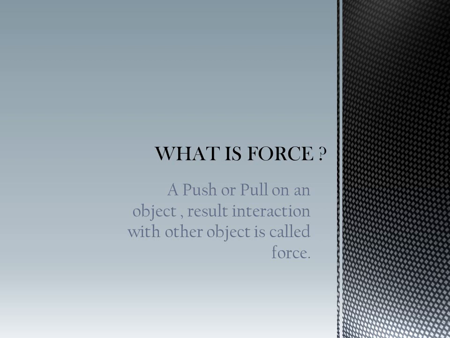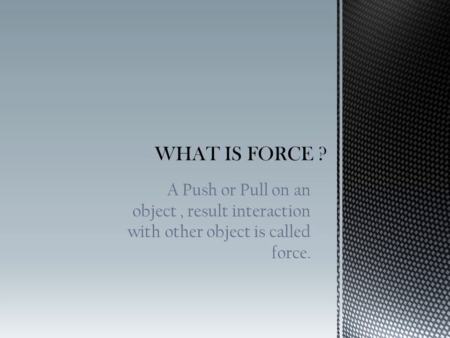Let's take an example. A batsman is batting, and he has to hit a sixer. The ball comes from the bowler. The ball is the object. Pushing here means batting.